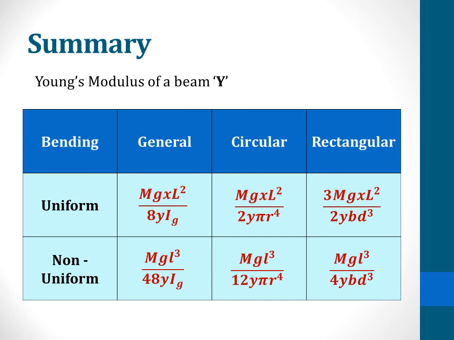For the case of a rectangular beam, we substitute Ig to be bd cube by 12, and we have the Young's modulus for a rectangular beam undergoing non-uniform bending to be mgl cube divided by 4Y bd cube.